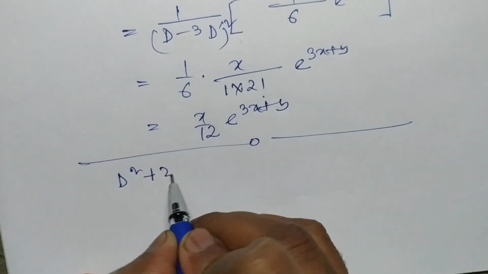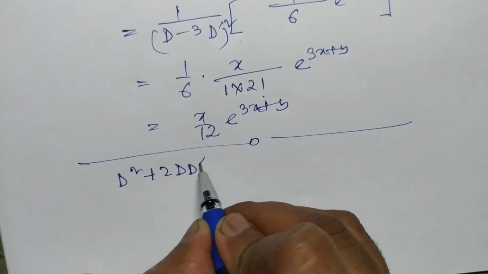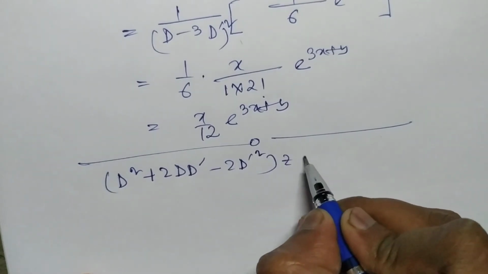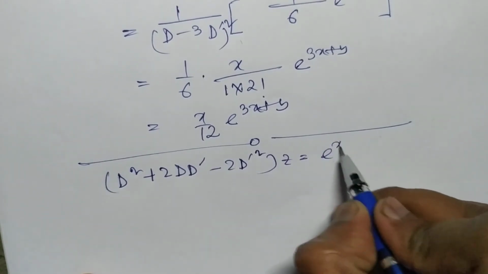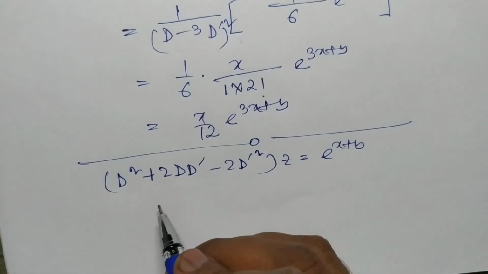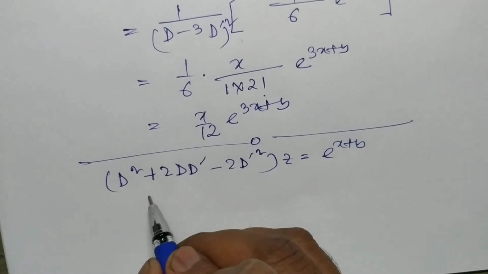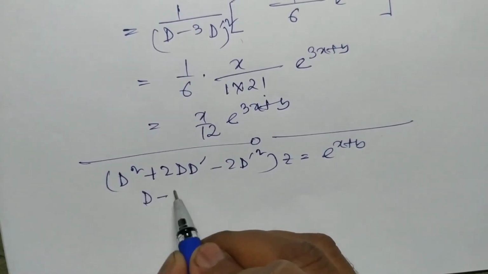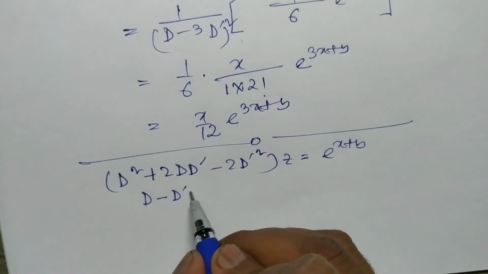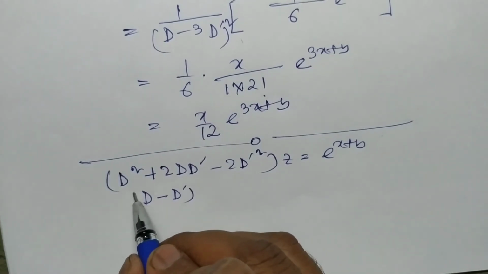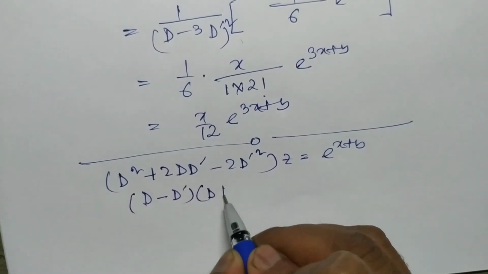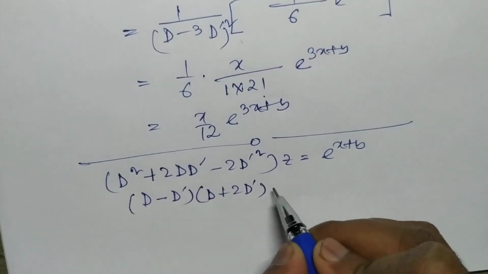Square plus 2d dashed, minus 2d dashed square on z is equal to e to the power x plus y. So break it like d minus d dashed and d plus 2d dashed.